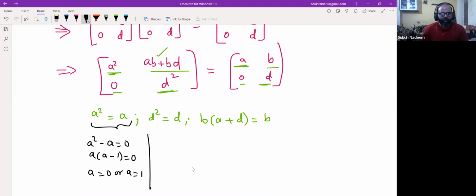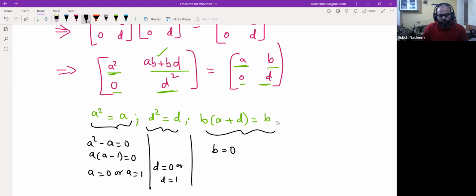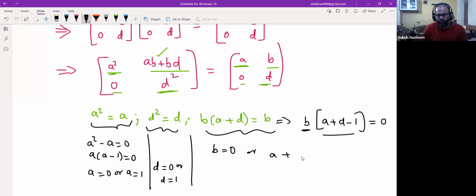Similarly, D square equal to D, you will solve in a similar manner and you will get D equal to 0 or D equal to 1. And here when you solve it, you will get either B equal to 0, because you will of course take it on the left side, and it will be B into A plus D minus 1 equal to 0. So either B equal to 0 or A plus D is equal to 1. That is A plus D minus 1 equal to 0.